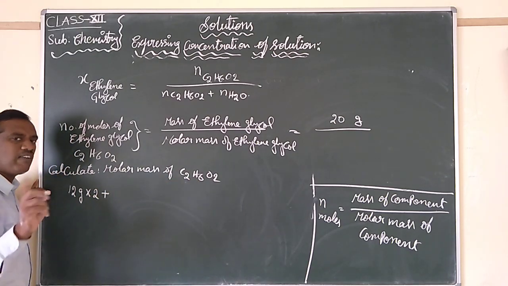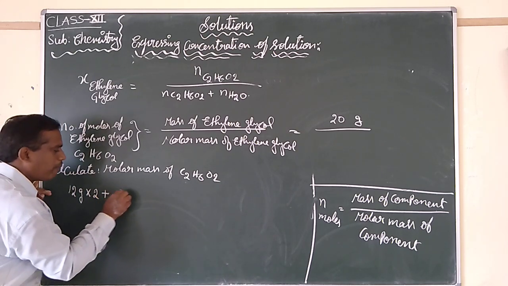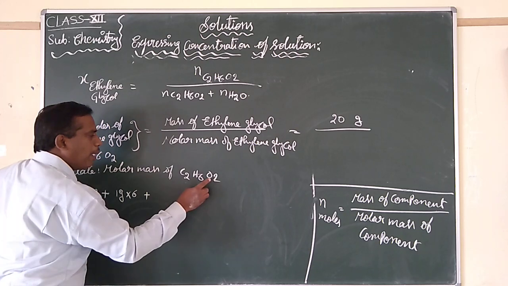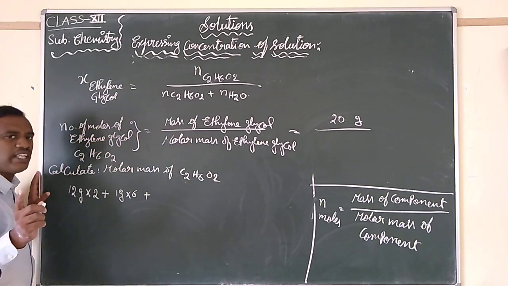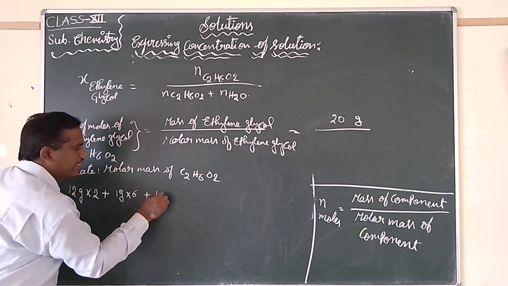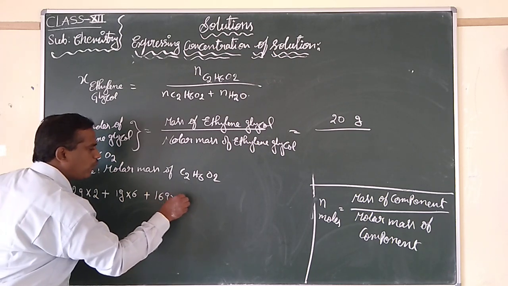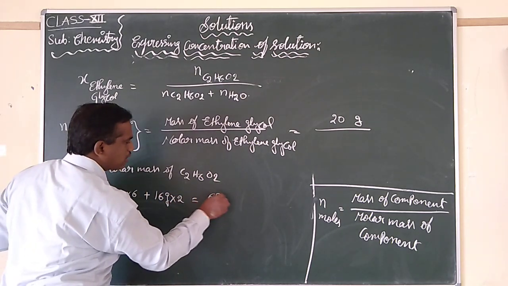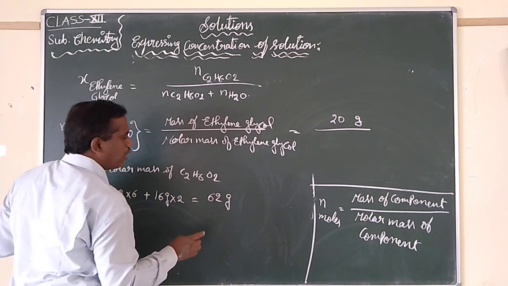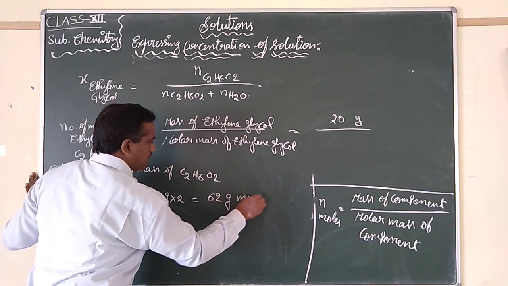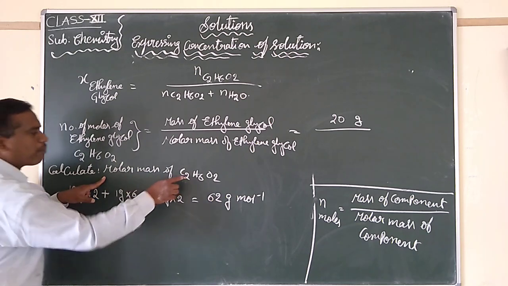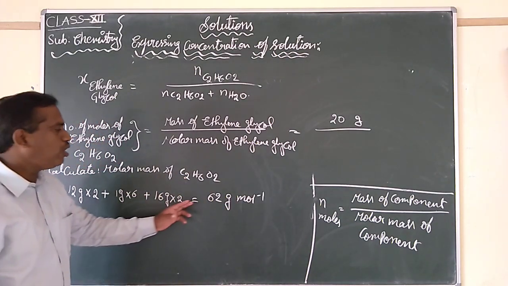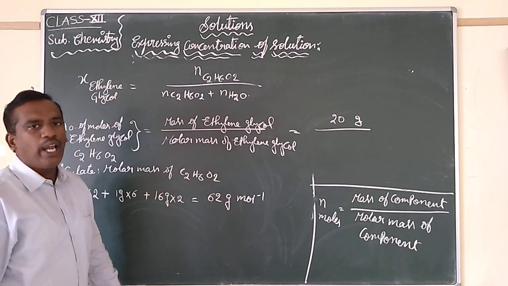What is the mass of one hydrogen? 1 gram into 6 plus oxygens are 2. What is the mass of one oxygen? 16 grams, 16 grams into 2. So once we solve this, we get 62 grams mole inverse. We are expressing the molar mass of ethylene glycol as 62 grams mole inverse.